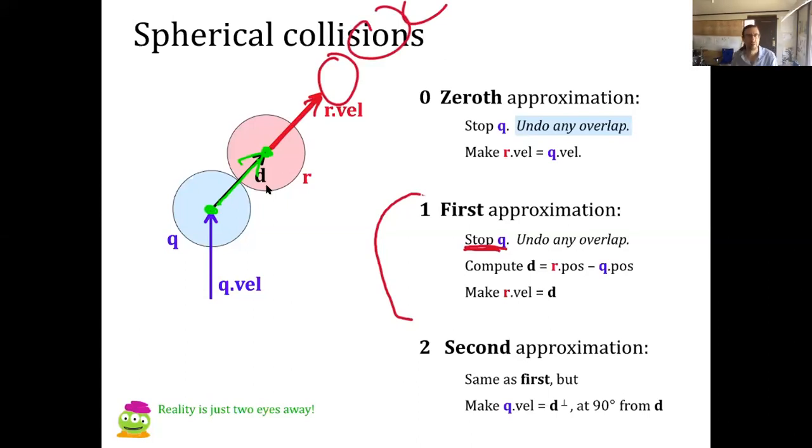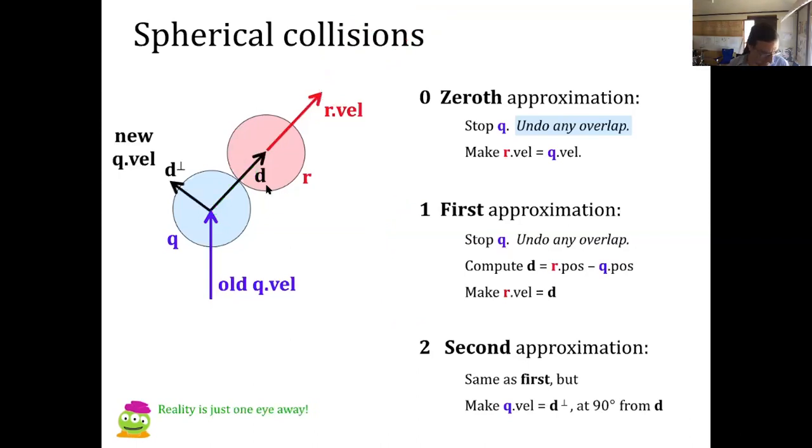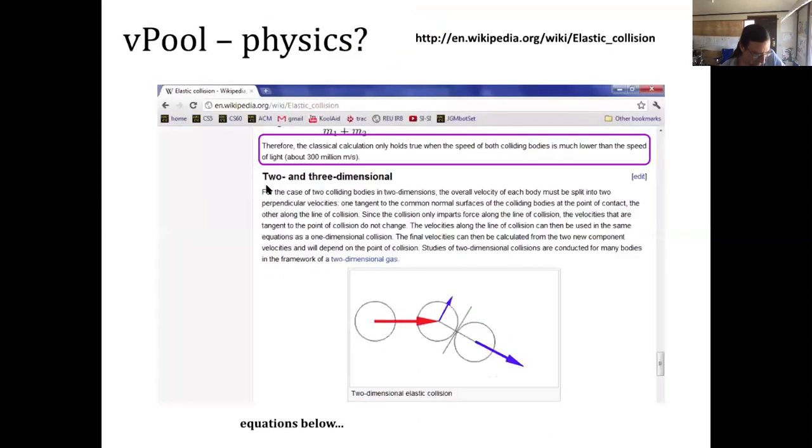Again, if any of you have ever played pool or ever thrown a marble at another marble, you know that the blue ball isn't actually going to just stop. It's going to keep going as well. So the next approximation is where we do what we just said for the red ball, so the red ball does go off in that direction.